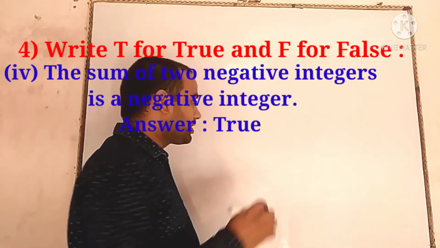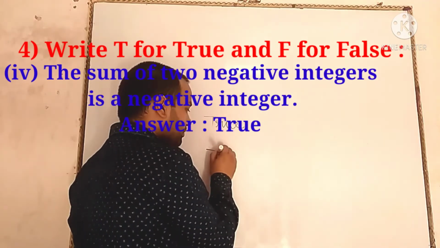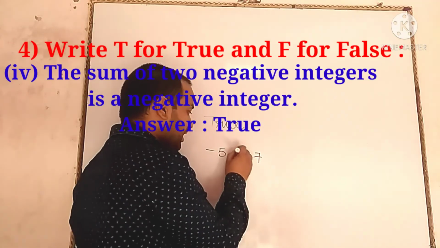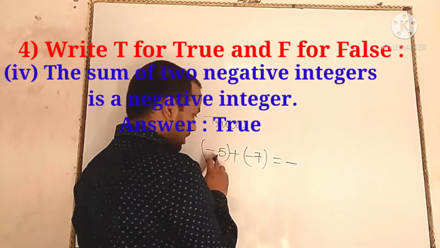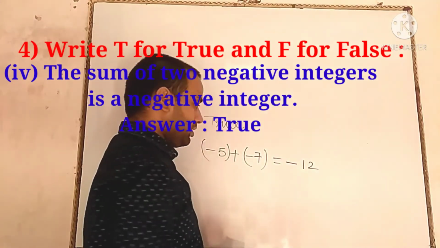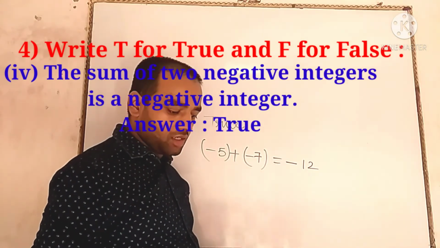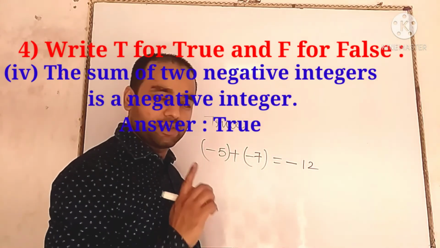So this statement is true. Take the example minus 5 and minus 7. The sum of two negative integers will always be negative. Minus 5 plus minus 7, we get minus 12. So also we get a negative integer. So always remember, the sum of two negative integers is a negative integer.